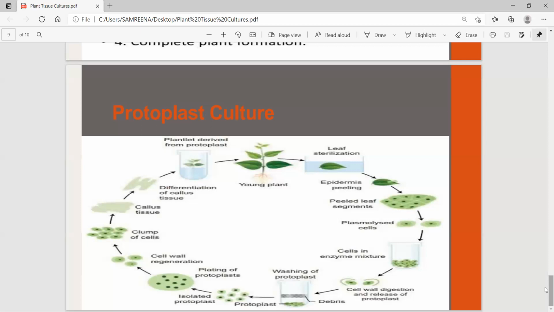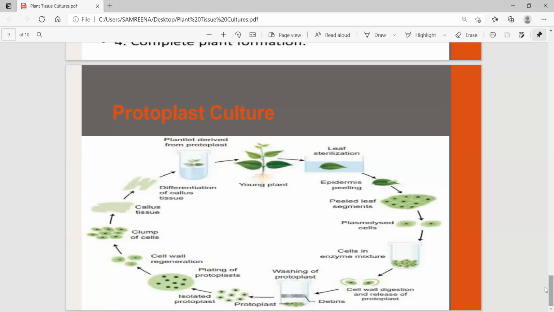When protoplasts are placed in a liquid medium, slowly and gradually cell wall formation takes place. This protoplast system provides us information on the mechanism of formation of the plant cell wall, and how biosynthesis and deposition of the cell wall take place under natural conditions.